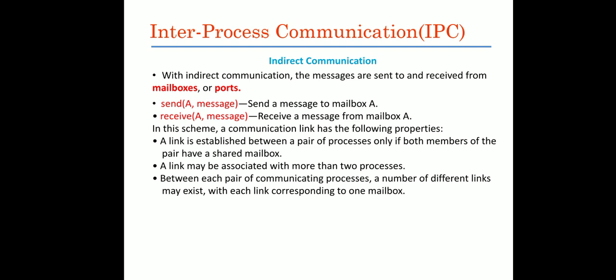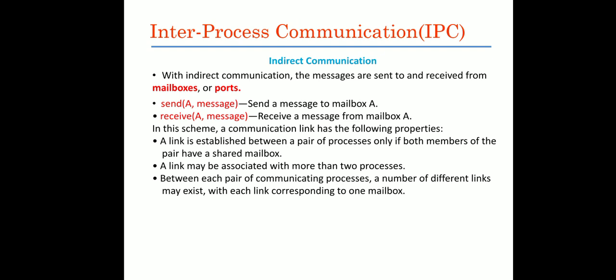What are the properties of the communication link in indirect communication? A link is established between a pair of processes only if both members of the pair share the mailbox. If the sender has shared the mailbox and the receiver has not, there will not be proper communication. Both sender and receiver have to share the mailbox.